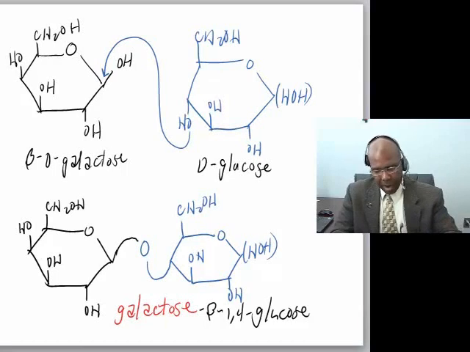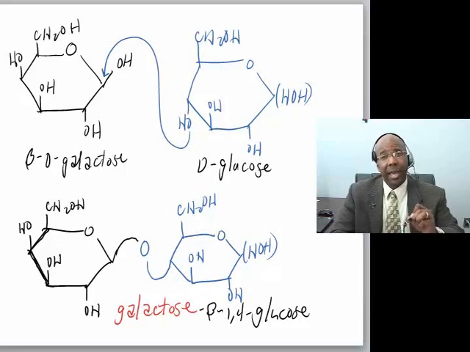Now, bonds aren't drawn with curvy lines. If you look at the Haworth projection, everywhere there's a vertex or a corner, that represents a carbon.